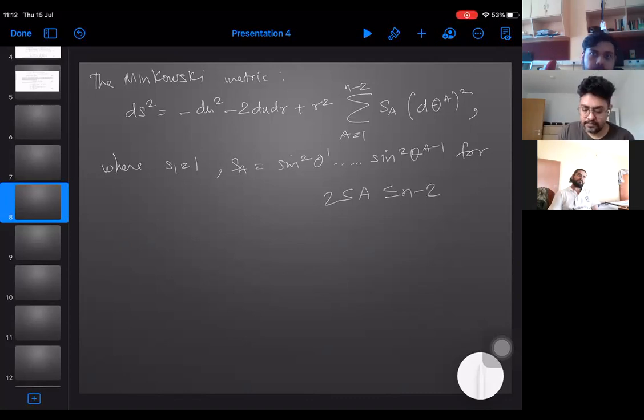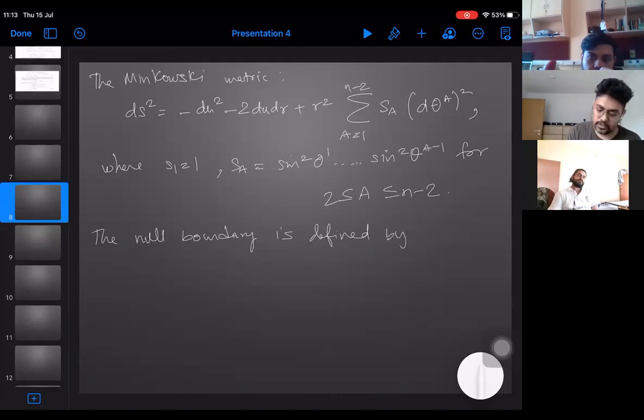So the null boundary here is basically defined by r equal to a constant, or basically tends to infinity, with u and theta a held fixed.